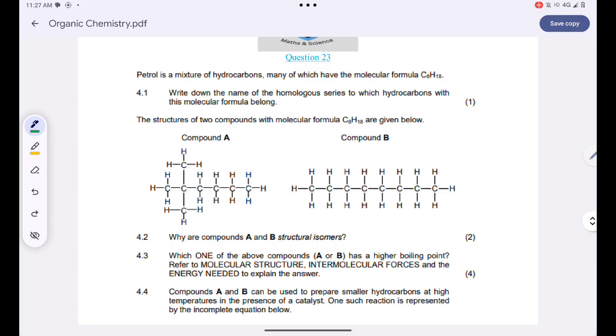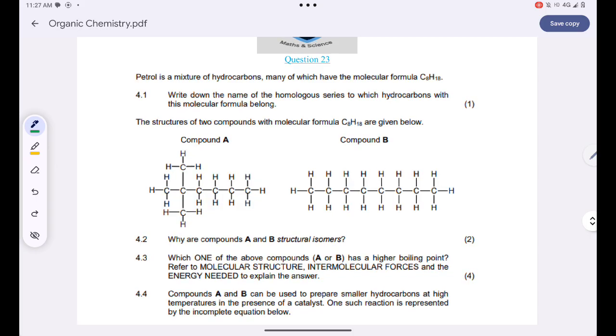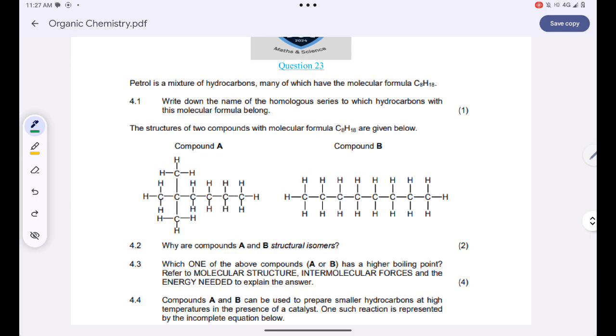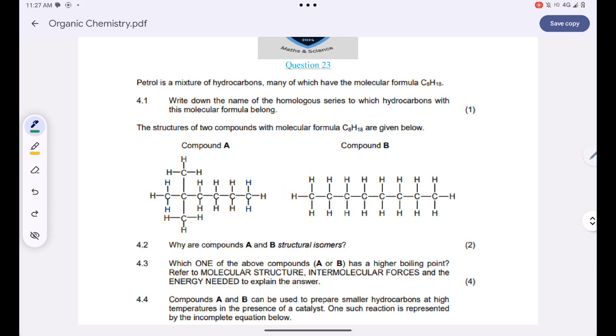Petrol is a mixture of hydrocarbons, many of which have the molecular formula C8H18. I don't know whether you have noticed that whenever you go to the petrol station to pour some petrol, they ask whether you want 95% or 93%. What do they basically mean?